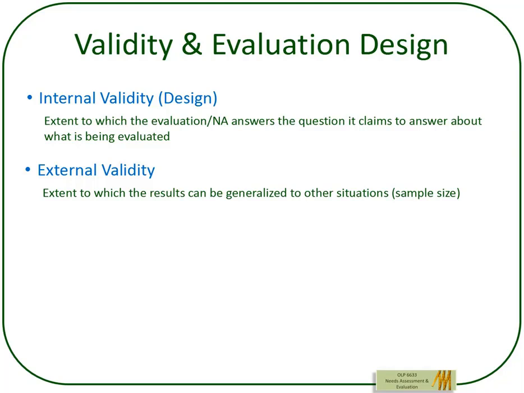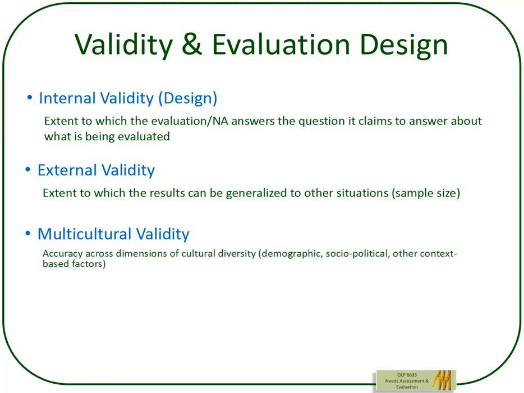All right, a couple other kinds of validity. The authors mentioned multicultural validity, and multicultural validity is the extent to which there is accuracy across dimensions of cultural diversity. And so they mentioned demographics, which include things like race and ethnicity and gender and age and religion and sexual orientation and language.